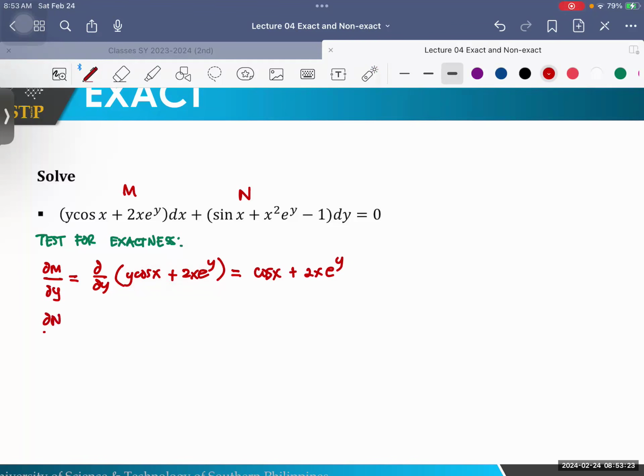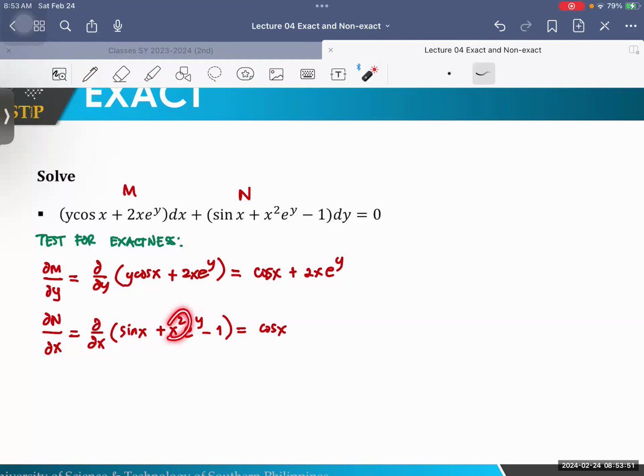Okay, for the partial derivative of N with respect to x, that will be the partial derivative of sine x plus x squared e to the y minus 1. Okay. Now, since it is with respect to x, y will be considered as constant. Okay. Sine x, differentiate sine x, that is cosine x. Okay. And then what happens to x squared? We are differentiating with respect to x. So x squared will become 2x.